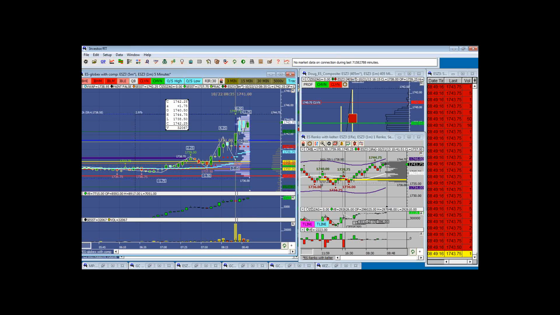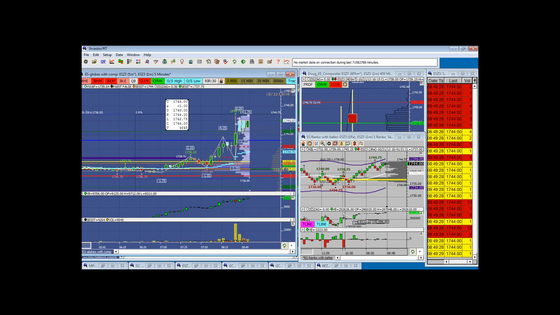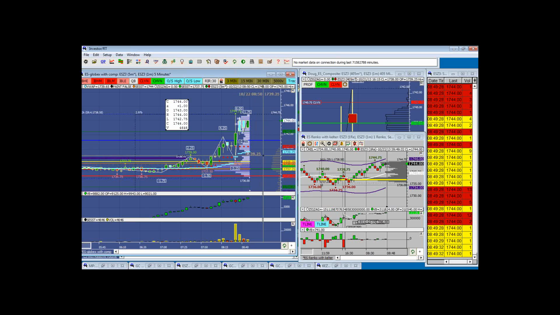I'm surprised that I thought after the initial blow-off on the news that we'd actually get a much larger reversal back into the 1390s, 1730s, and back in around that 1337, 1338, but we'll just have to wait and see.